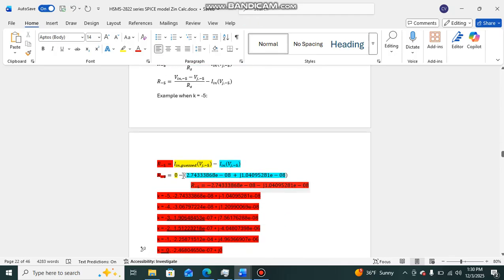And then when we do an example, for example at r -5, residual -5, we get our input current that we guessed at the junction voltage at -5, which is 0, because we don't know what that value is. And then subtract by our In using the nonlinear equation, and we get this value at -5.